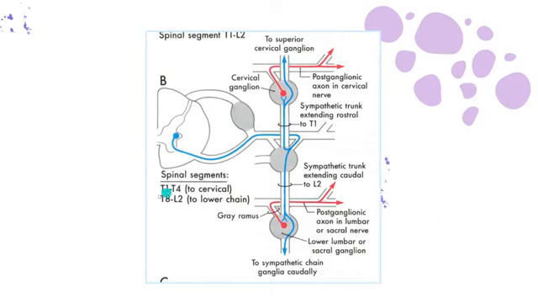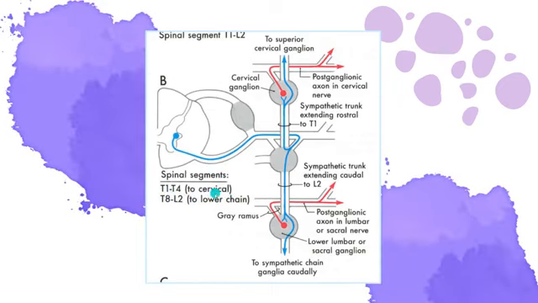So you see that right there. So the white communicating rami of T1 through T4 will ascend through the sympathetic trunk to reach the cervical ganglia.